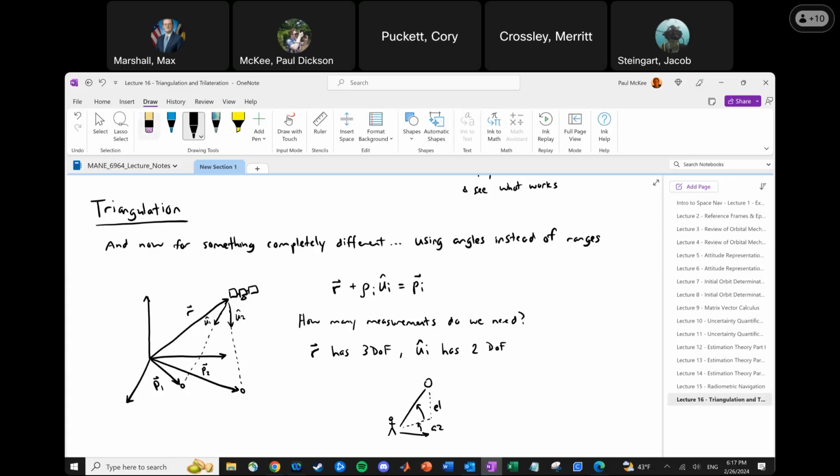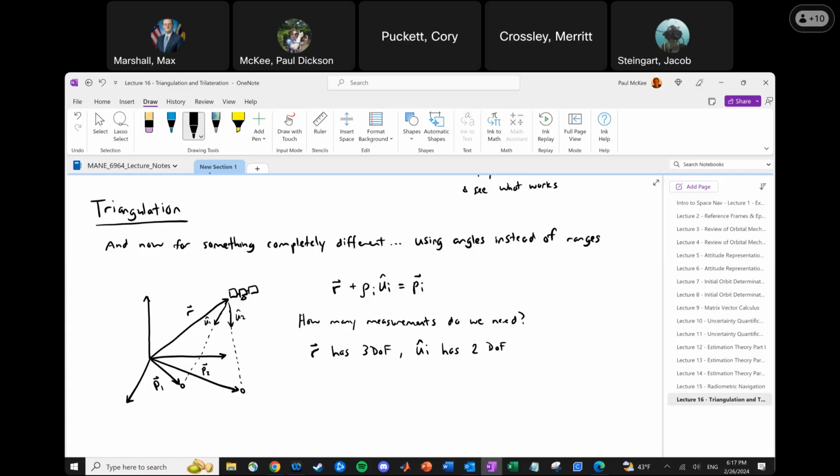Directions in general are 2 degrees of freedom, not 3 degrees of freedom. So 1 direction is absolutely not enough because 2 is less than 3. 2 directions is actually even more than we need because that would give us 4. But there's no way to have a direction and a half. So in this case, it is going to be 2 measurements.